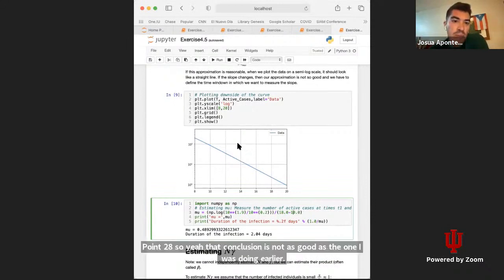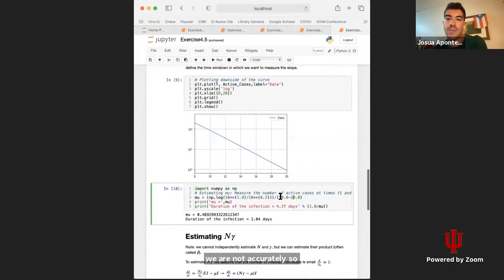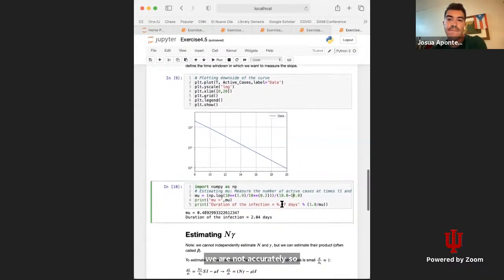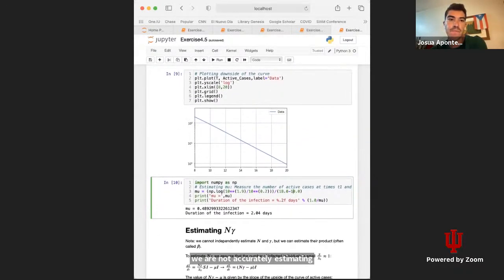And that's again because we are pretty much eyeballing this. We are not accurately estimating them. Still not terribly bad. Okay, so it's not as good as the first.